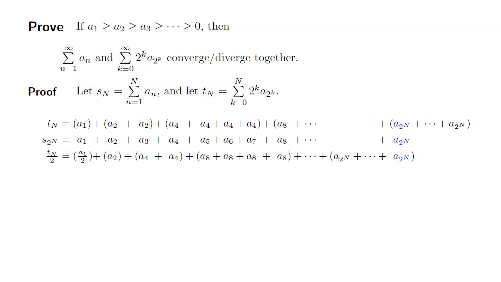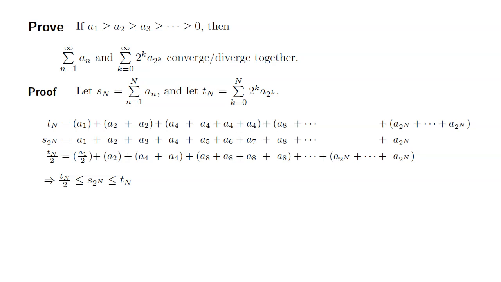So we have this inequality: T sub capital N over 2 is the smallest one, S sub 2^N is the middle one, and T sub capital N is the largest partial sum. Once we have those two inequalities, it's easy to make a comparison between series.